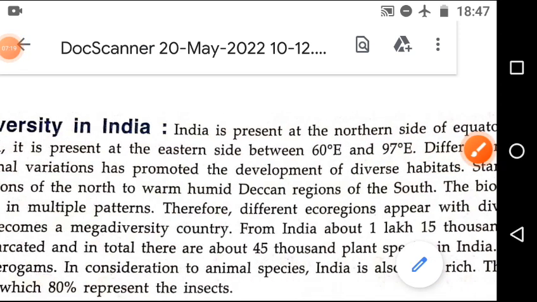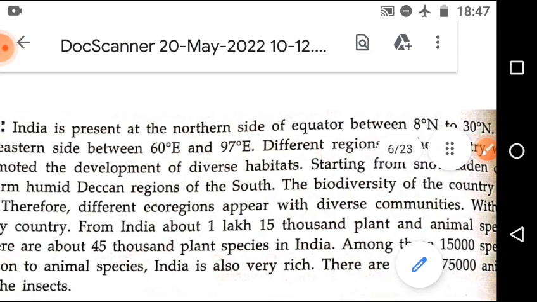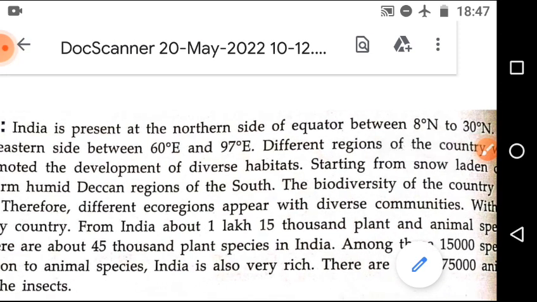Therefore, different ecoregions appear with diverse communities. This is the main reason why different types of ecosystems occur in India, and they have different types of communities, the populations of species interacting among themselves in different ways. I have said what types of interaction occur: positive interaction or negative interaction.